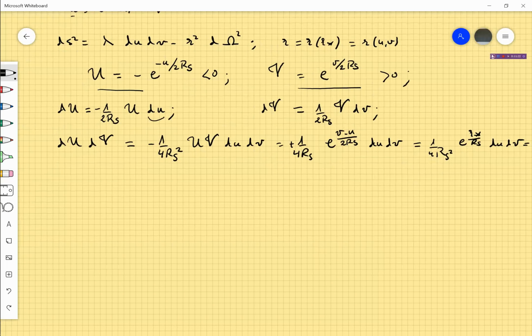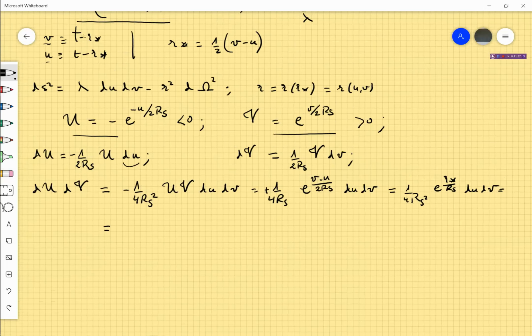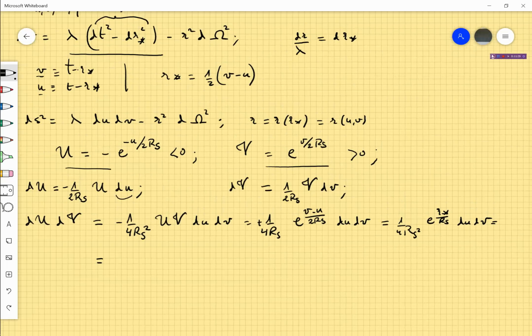And then if we remember the expression for r star, remember that r star was r plus rs and then the log of the absolute value of r divided by rs minus 1.